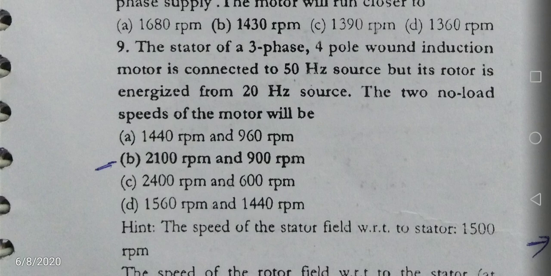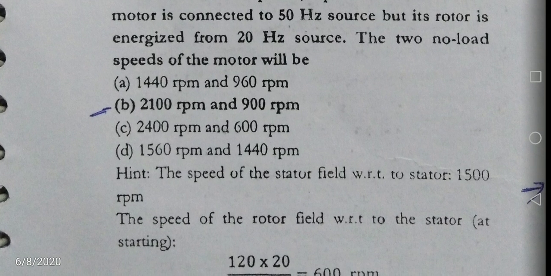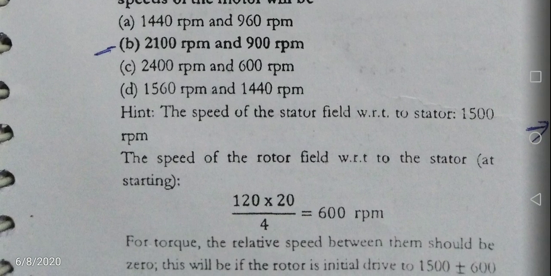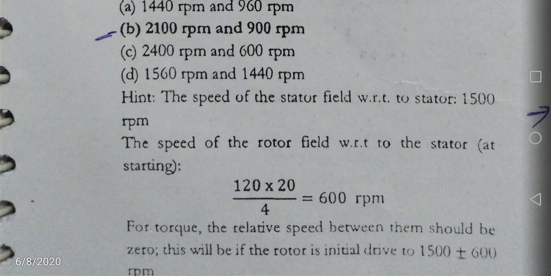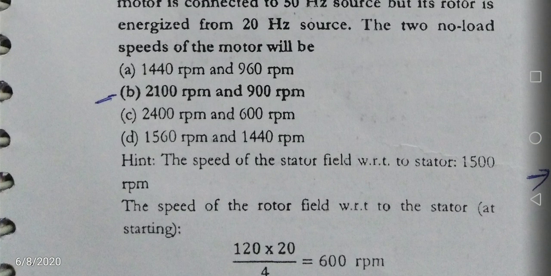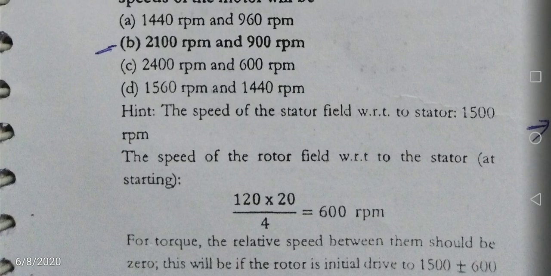The speed of the stator field with respect to the stator is 1500 rpm. When the rotor is also supplied with 20 Hz, the speed of the rotor field with respect to the rotor is 600 rpm.